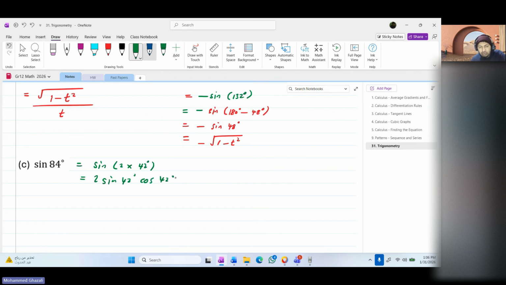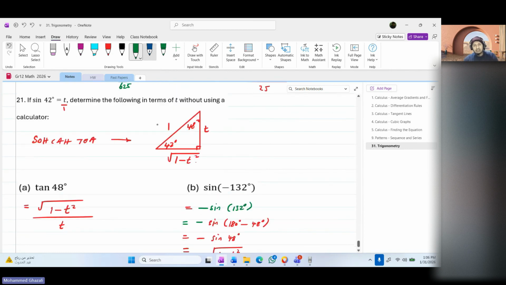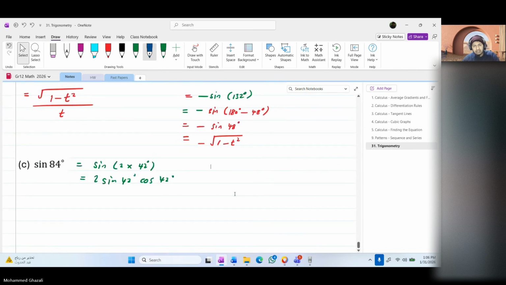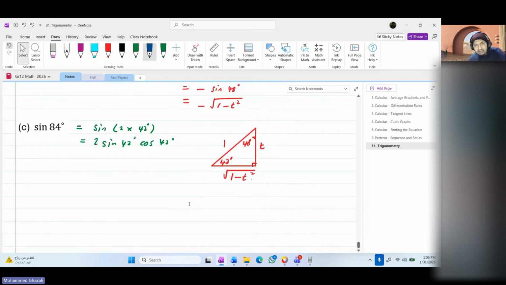cos 42. Now let's take this triangle here and substitute everything that we need. So we've got a 2 in the front. What is sine of 42? Sine is t over 1, so that's just t.